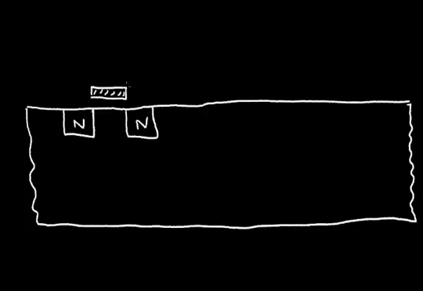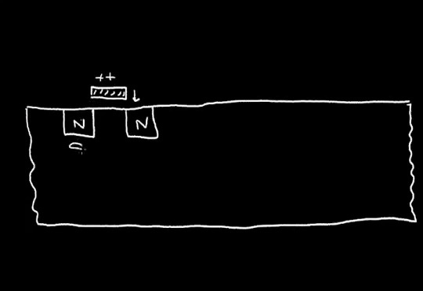And if I apply a positive voltage to this gate relative to the N material, I create an electric field in this layer between the gate and the source drain area.